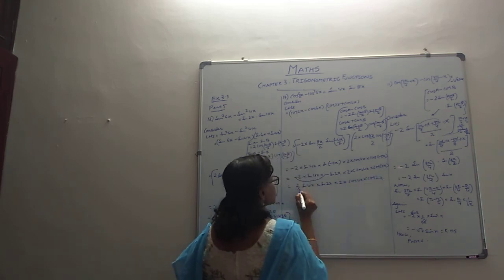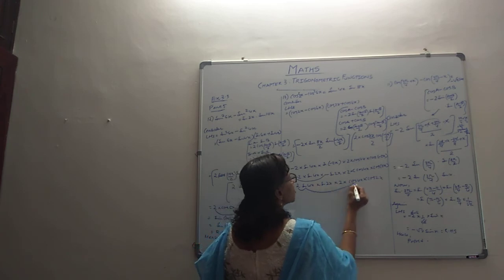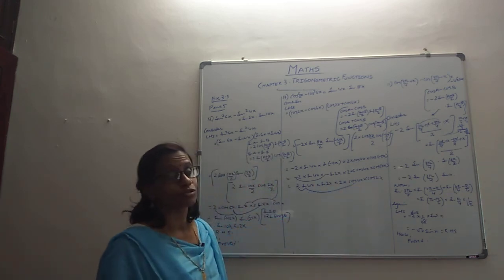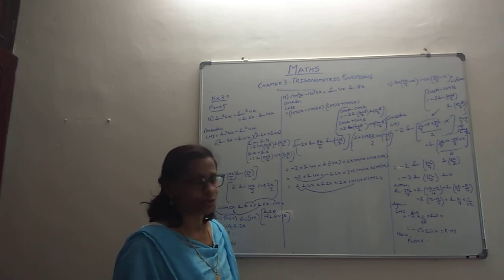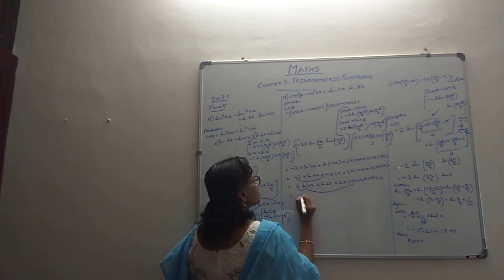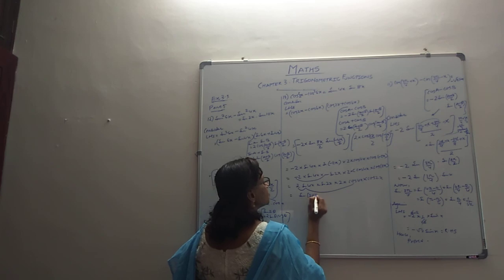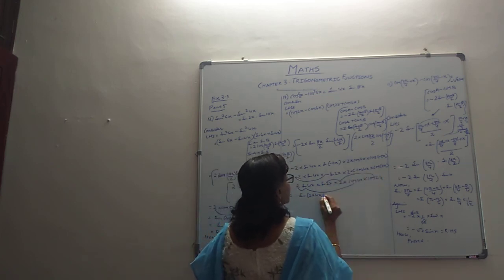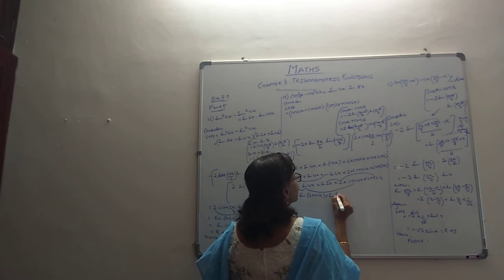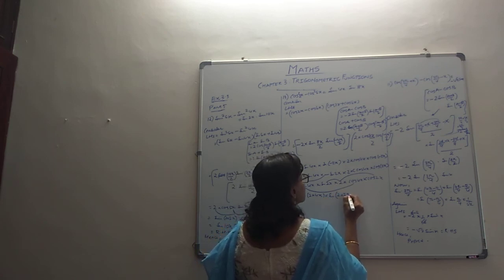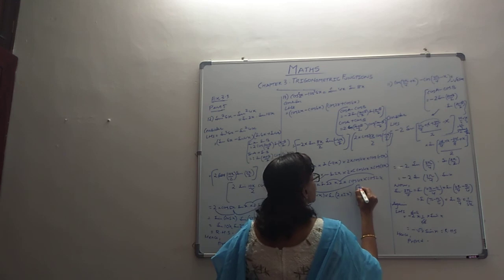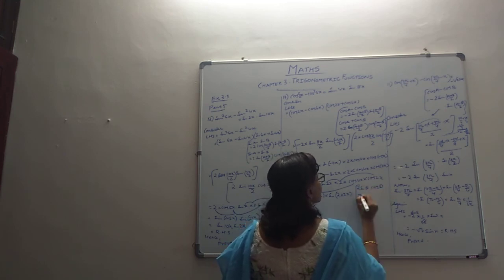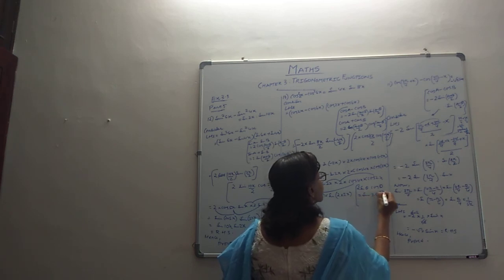Now this 2 sin 4x cos 4x can club together by the formula 2 sin theta cos theta is sin 2 theta. So this will become sin 2 into 4x. In the same way, 2 sin 2x cos 2x can club together to form sin 2 into 2x. So 2 sin theta cos theta is clubbing together to give you sin 2 theta.